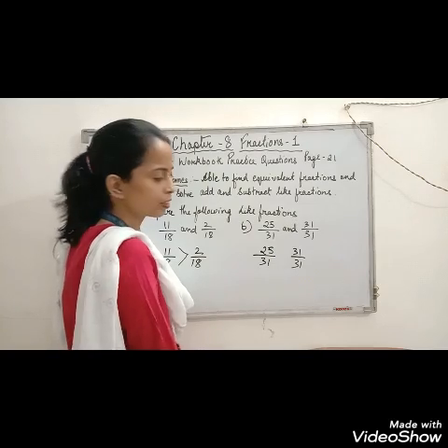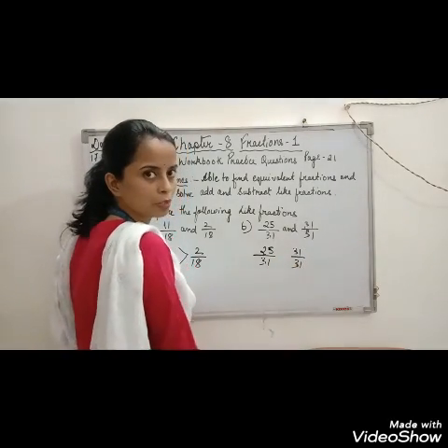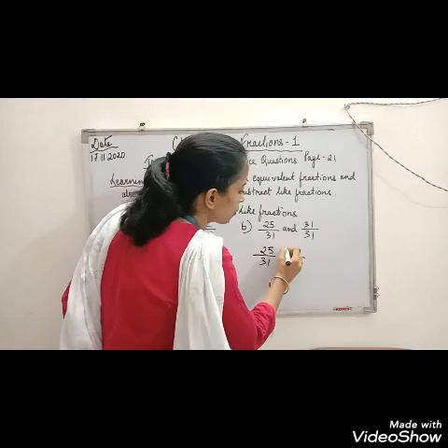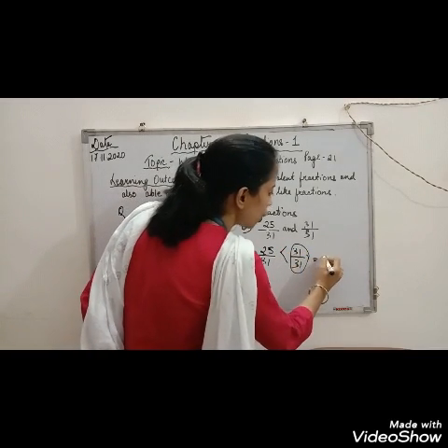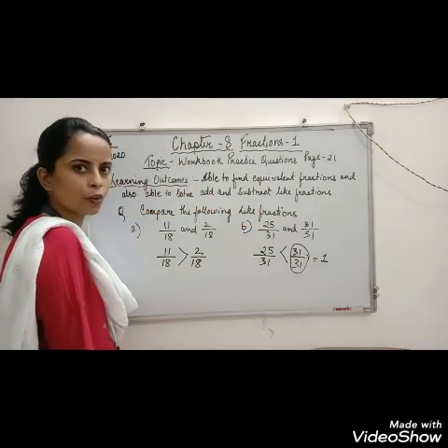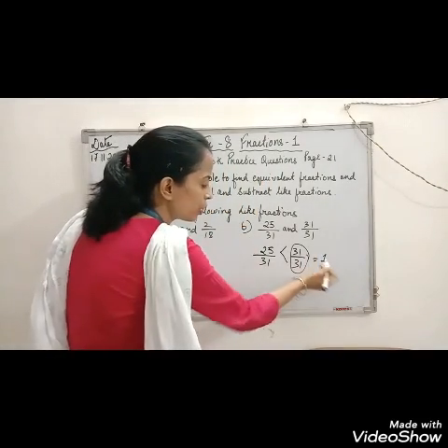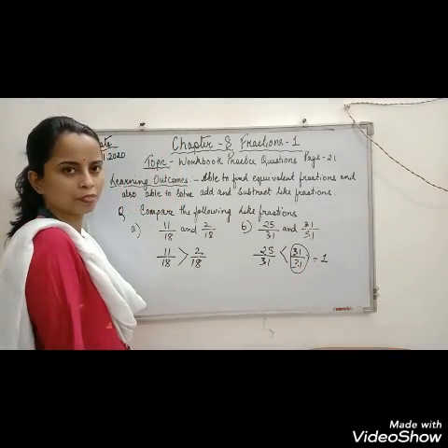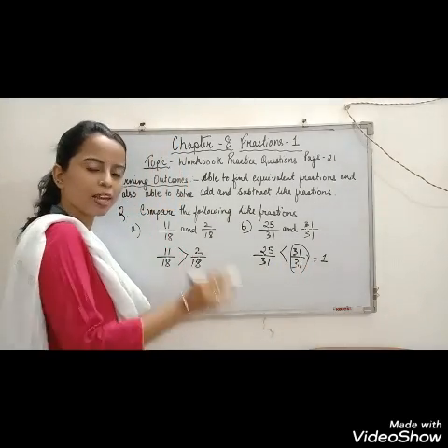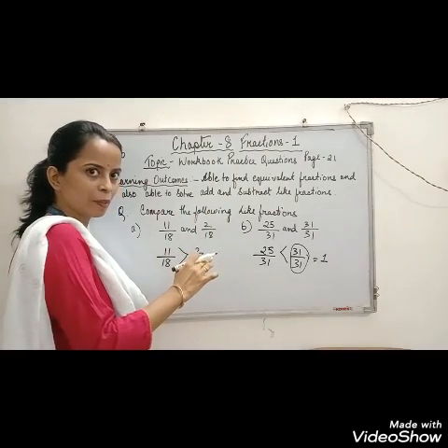Comparing 25 by 31 or 31 by 31? 31 by 31 means what, children? It's a whole. Yes or no? So which one is greater? 31 by 31. So, clear now? We have done the revision.